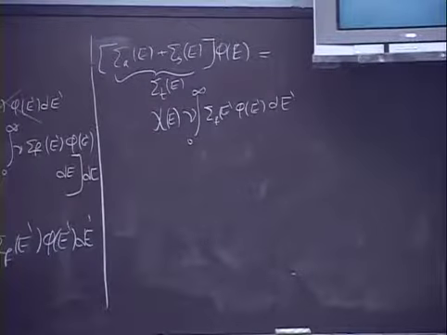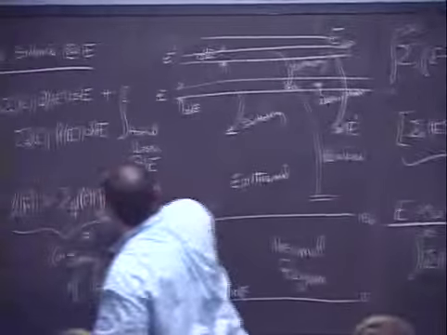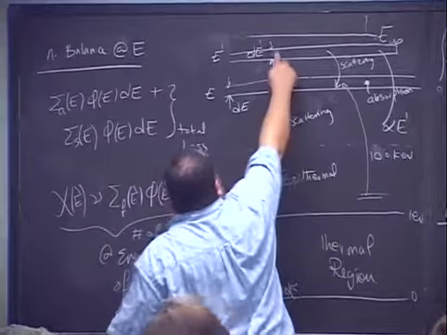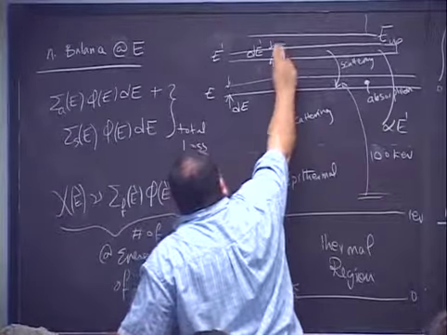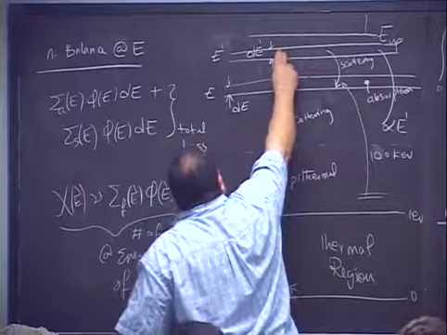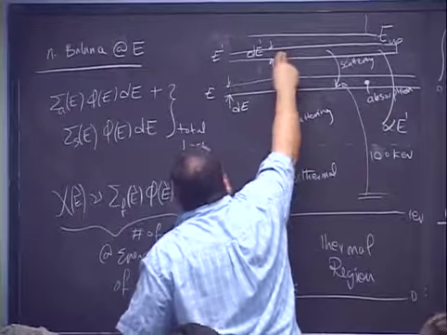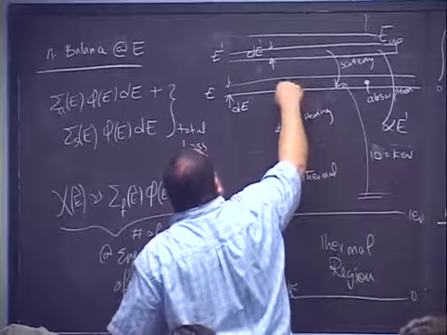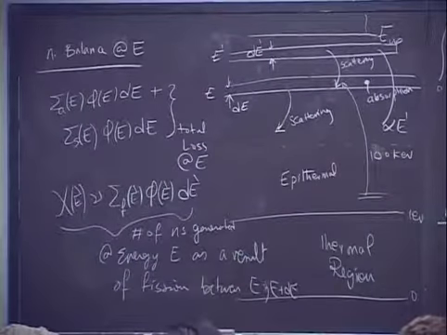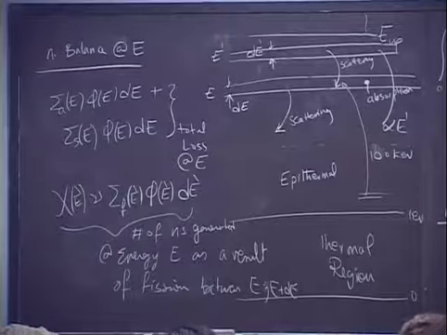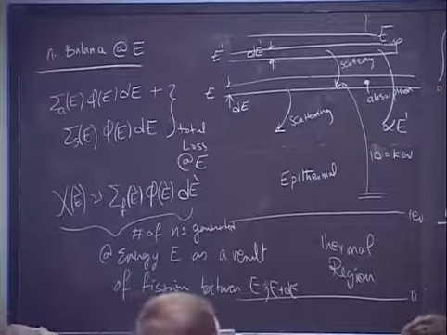To be more precise, this is the number of neutrons generated from fission. The fission took place here, but the neutron appears at this energy because of the distribution that you see. And this is over k infinity.